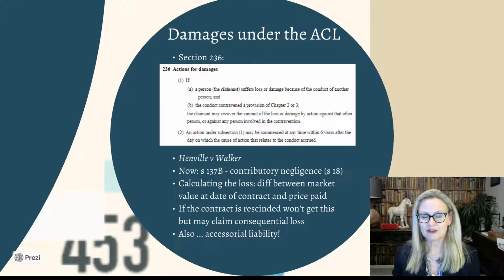And this is where you get the finger being pointed at the seller themselves if they have been knowingly involved in the contravention of Section 18. We did cover accessorial liability earlier on in this unit, so if you need to go back and revise those provisions that we discussed earlier on.